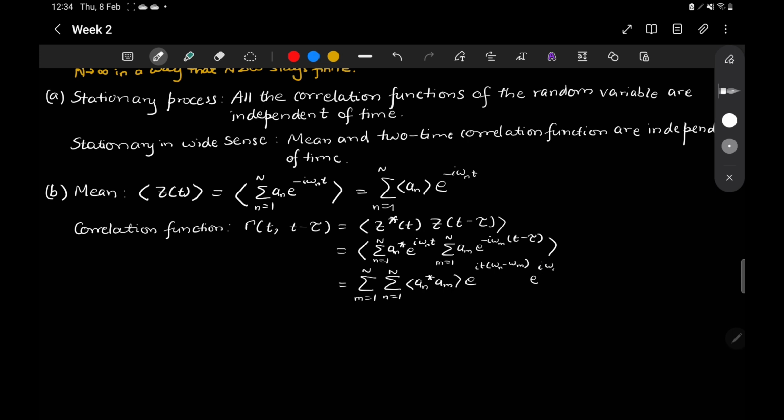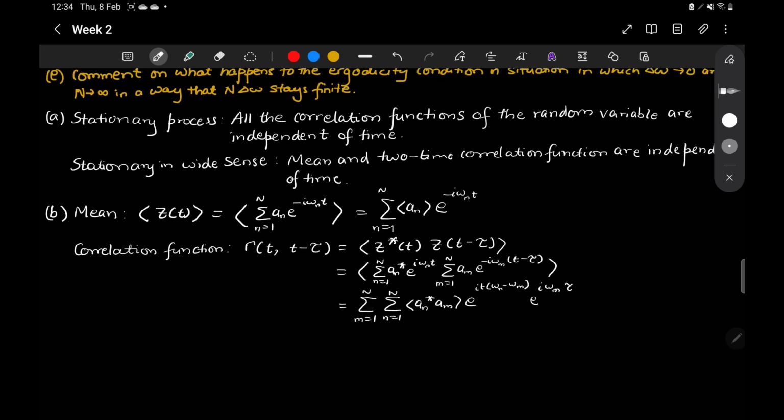I'm just simplifying it. The expectation can be transferred to these random variables. The summation comes out of it. So this is the mean and the correlation function.